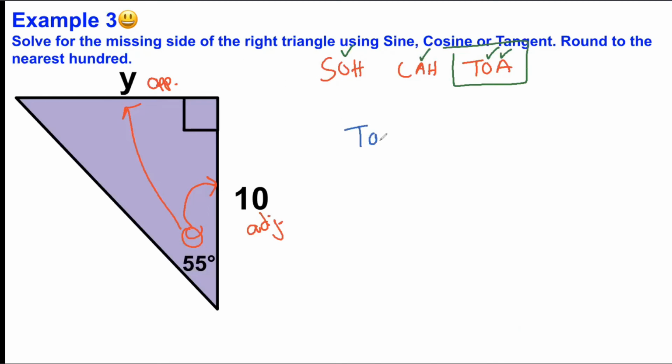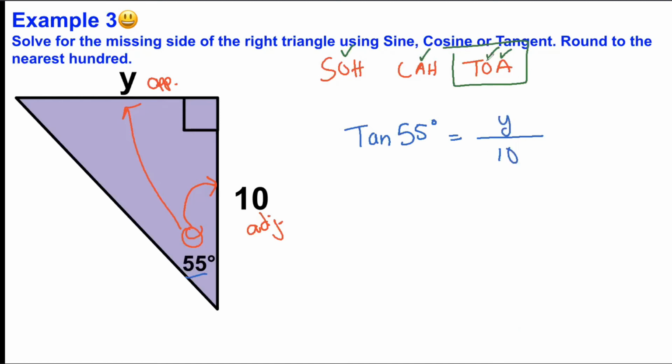So I have tangent. My angle here is 55 degrees equals, how does my ratio look? Y over 10.